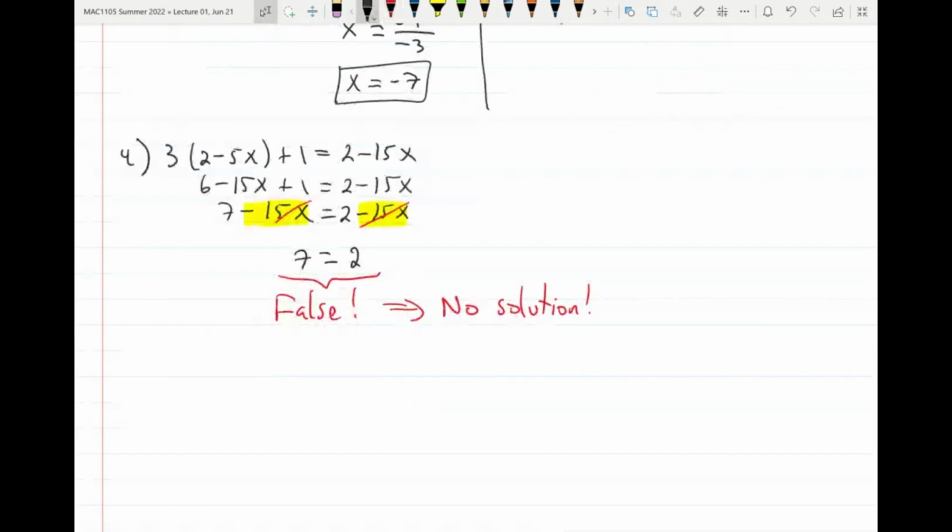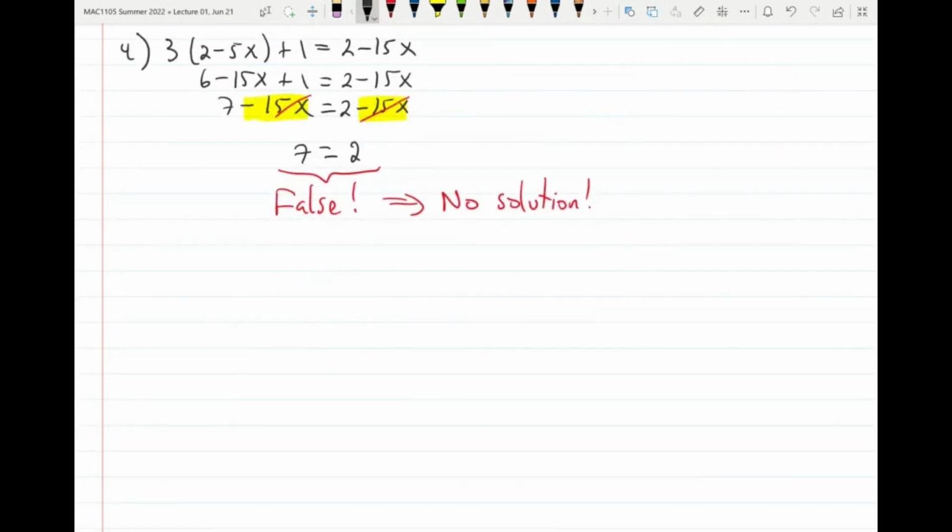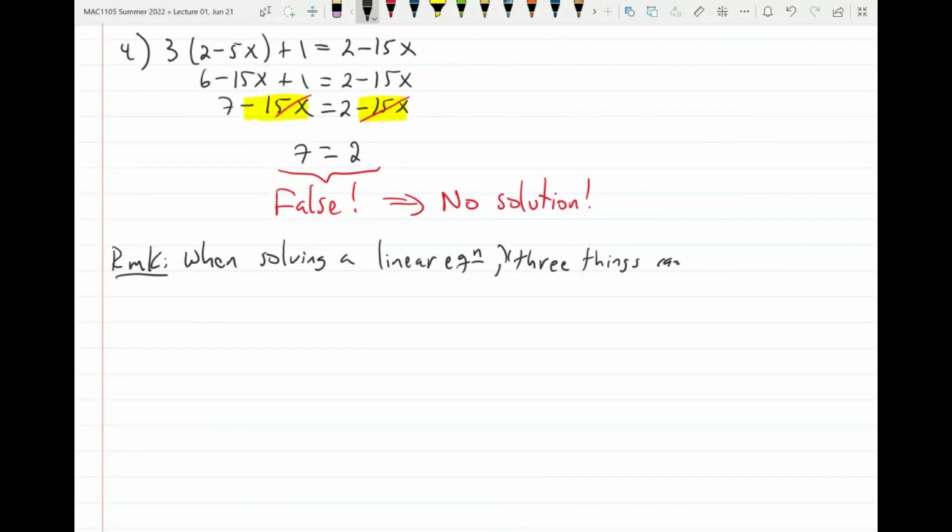All right, good. So, remark: when solving a linear equation, one of 3 things can happen.